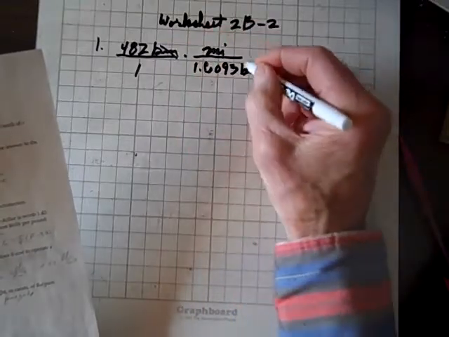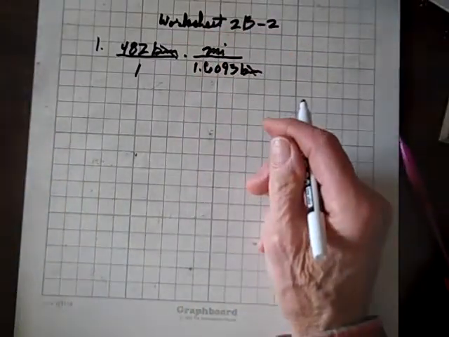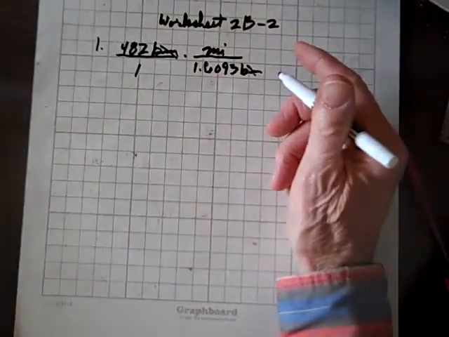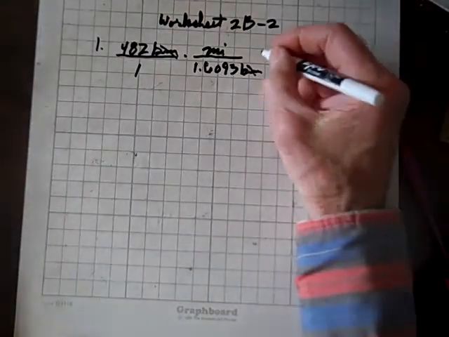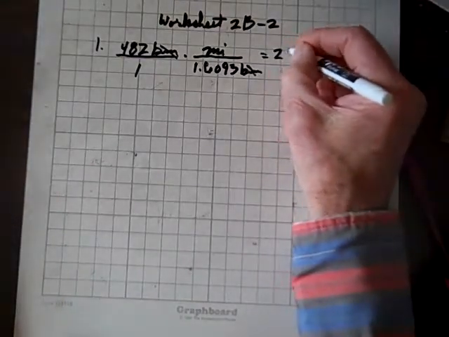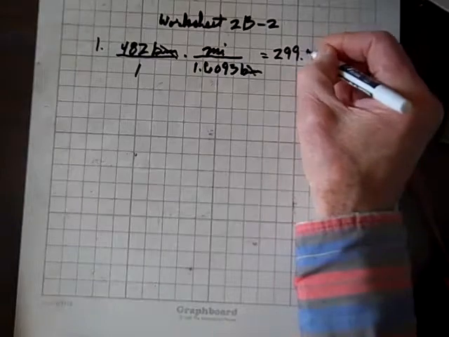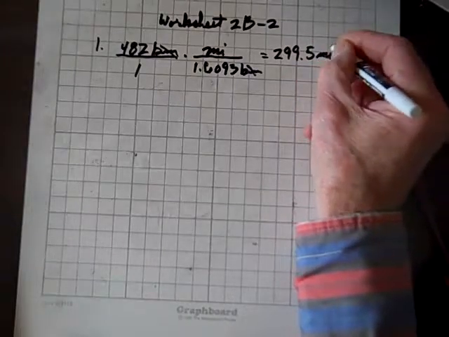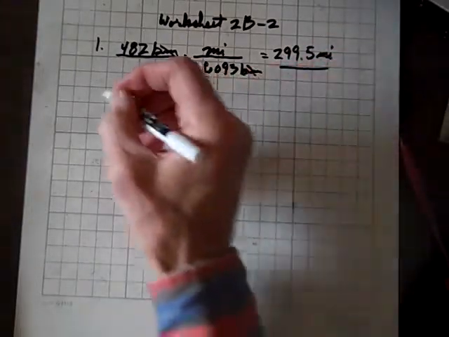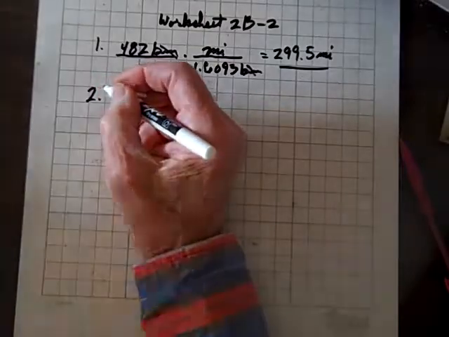Now the kilometers divide out, and that product is 299.5 miles. Good. So let's do number 2.